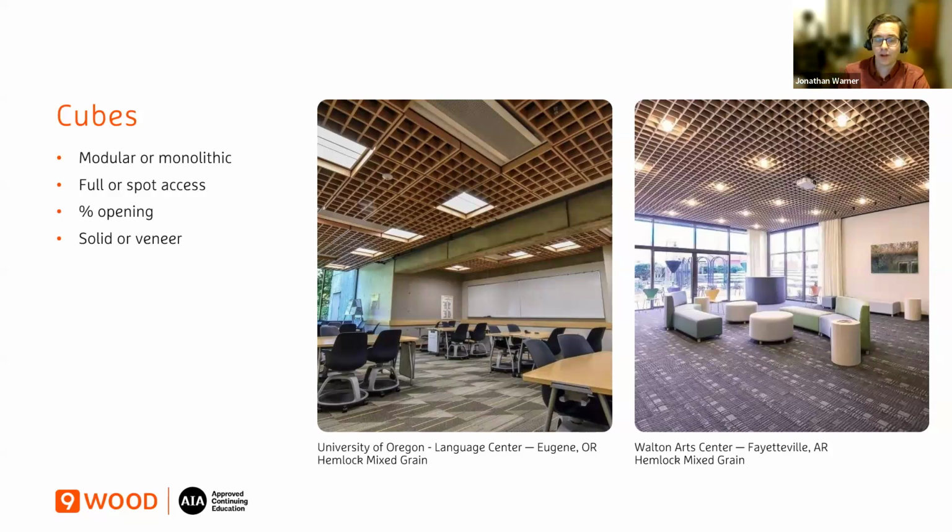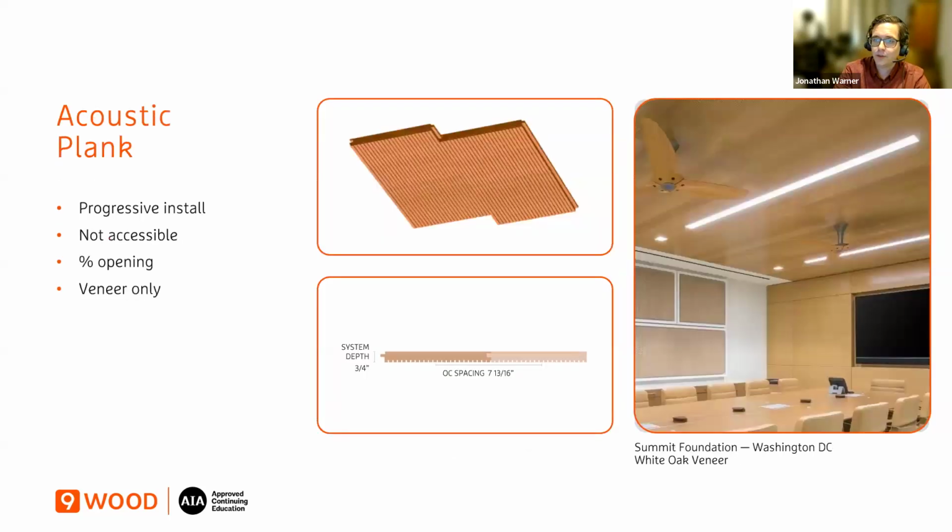They have a lot of percent opening, so you can achieve good sound absorption as long as you have some sound absorbing material behind it, which could just be duct liner, insulation, or even a Theater or Soundboard, which are readily available and an acoustical sub can purchase. And it can be solid or veneer. So you have a lot of choices with regard to species, slice and cut, and different sizes. A great different style if you're looking for a cube.